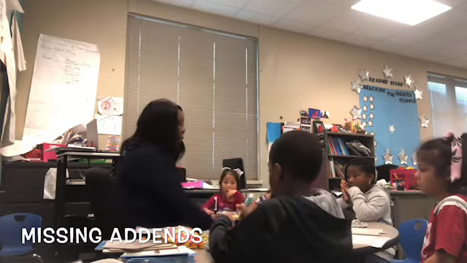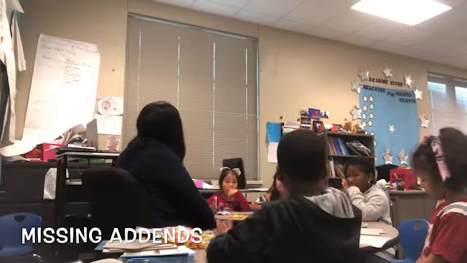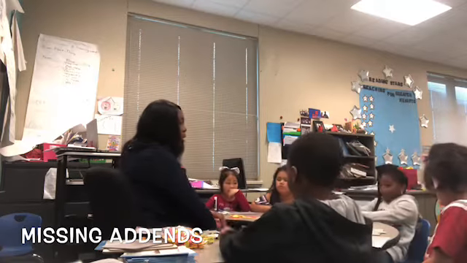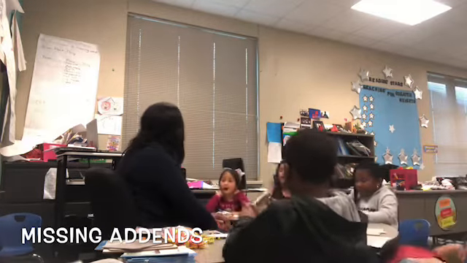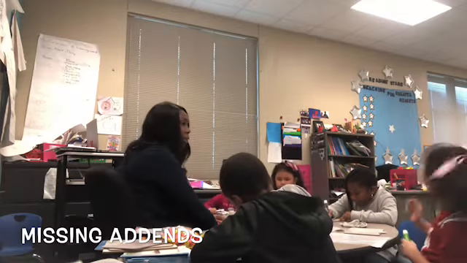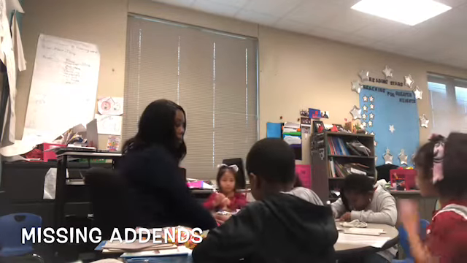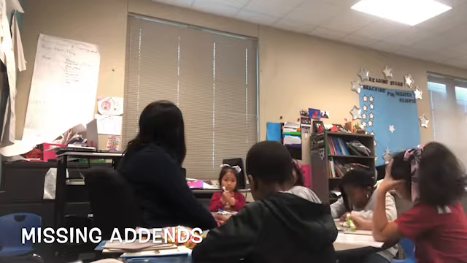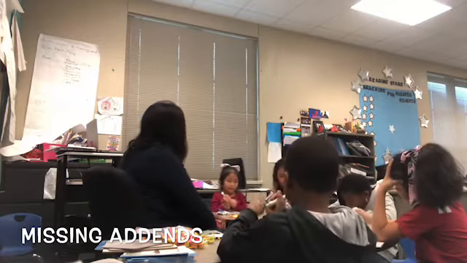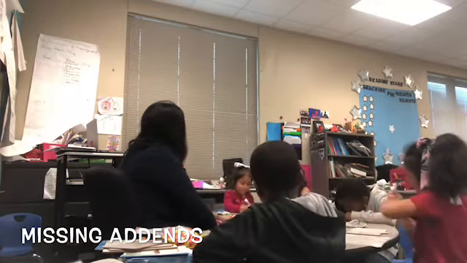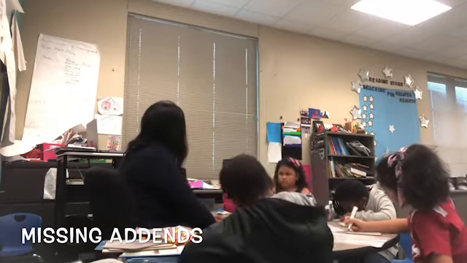Listen to it again. Here we go. John has 5 cars. How many cars is he starting out with? 5. His mom gives him more. Did it tell us how many more she gave him? No. So what goes there? What do we put in place of that?